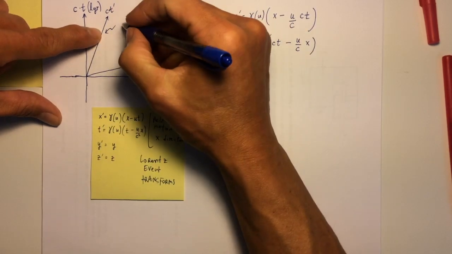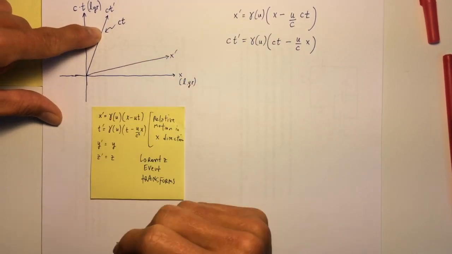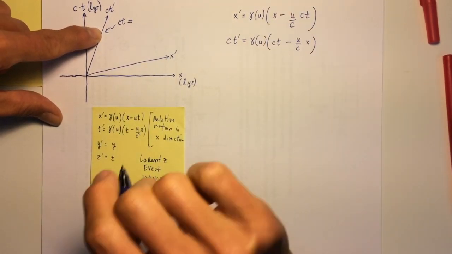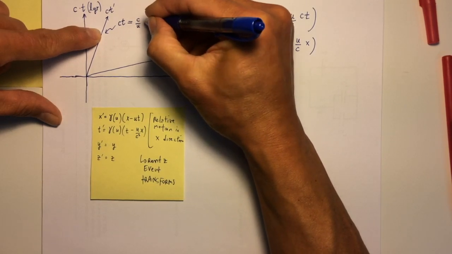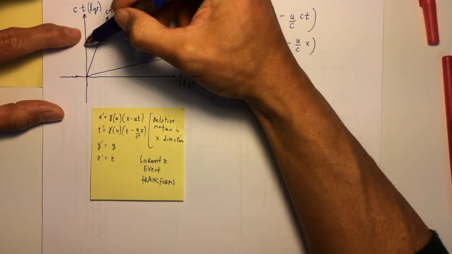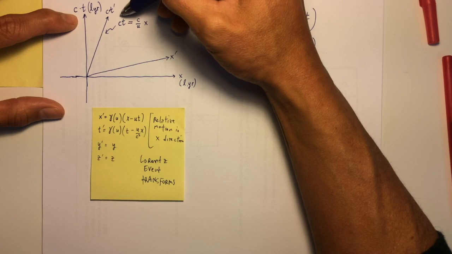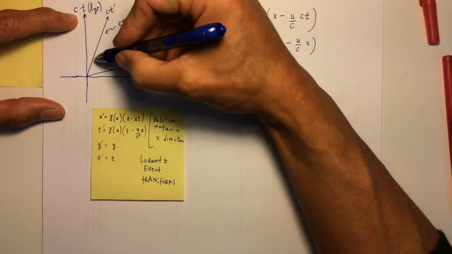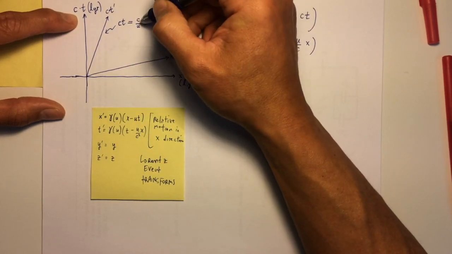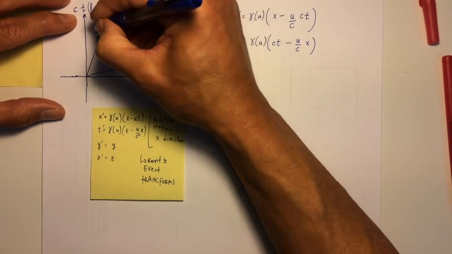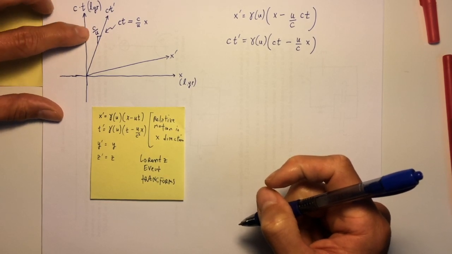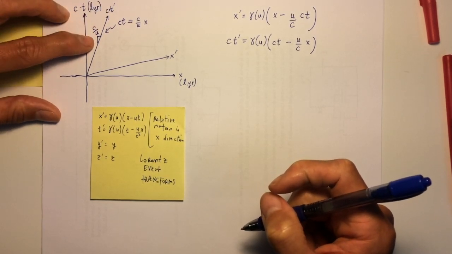What this says is the CT coordinate value is equal to, right, C divided by U times X. And so on a graph where the vertical axis is CT, that's the dependent value, these are the set of spacetime event points such that CT equals C over U times X, which means this has a slope of C over U, right? So the slope of the CT prime axis is C over U.